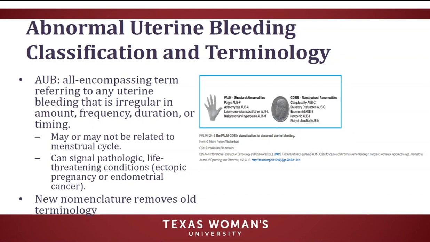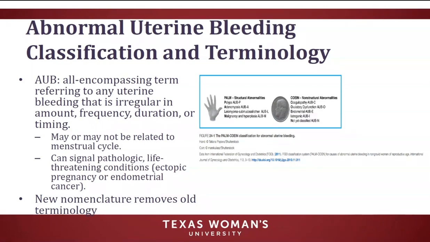Coagulopathy is the C. We can have abnormalities of blood clotting disorders that can cause heavy menstrual bleeding. Ovulatory dysfunction. Even though the ovary is a structure, we're talking about the dysfunction of the ovary, which is typically related to hormones, and that's the O.